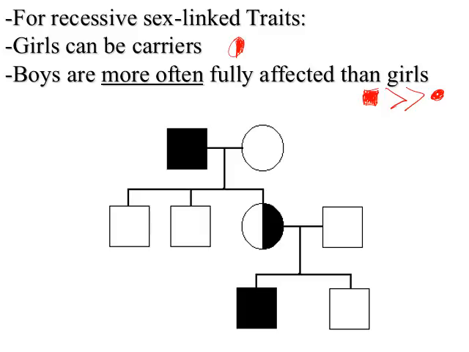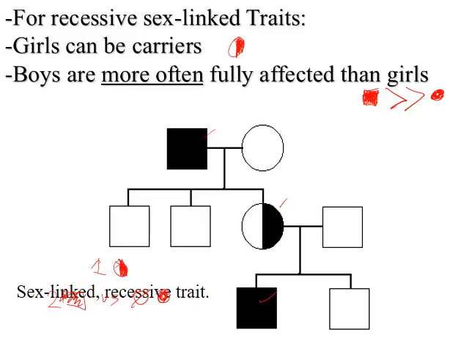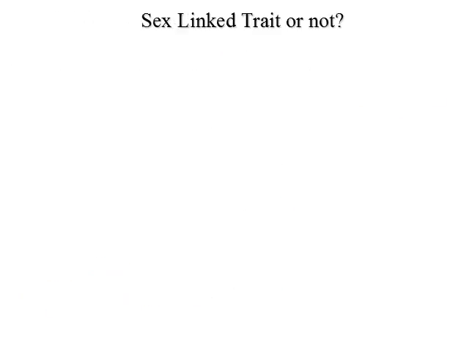Looking at this one, I see a carrier, and I see 2 boys affected versus 0 girls, and 1 carrier. My guess is, without even knowing what this trait is, this is a recessive sex-linked trait.